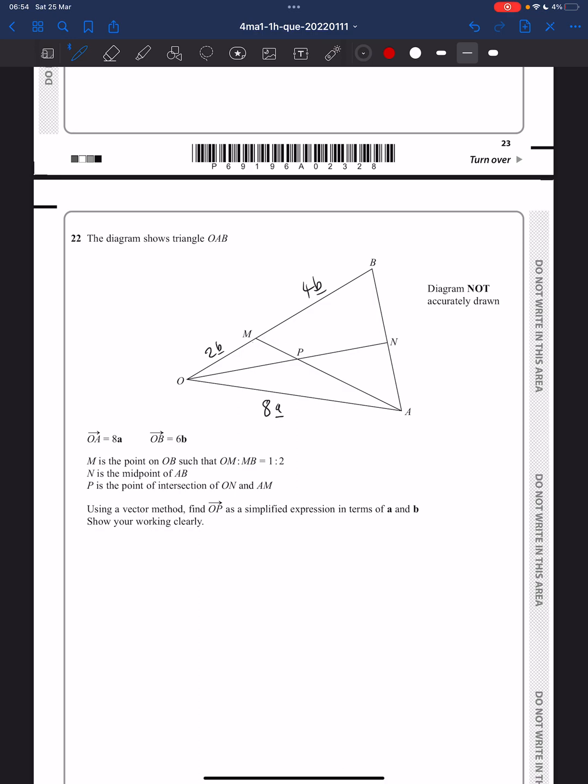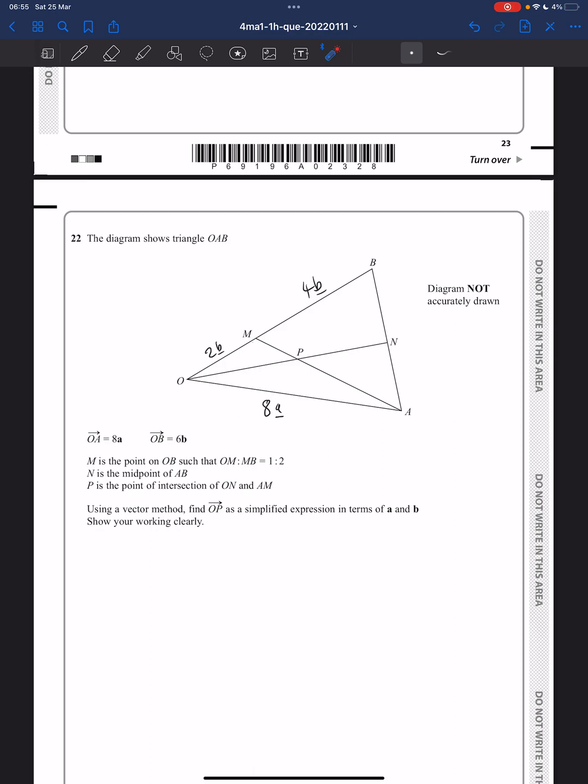Okay, it adds up to 6 in total, and it's 1 to 2. This one's twice as big as that one. N is the midpoint of AB there. P is the intersection of O to N and A to M, yeah. Use a vector method. Find O to P in terms of A and B. Show your method clearly.